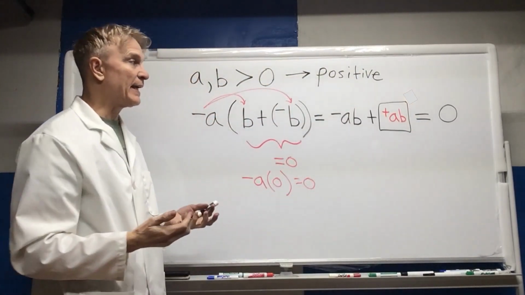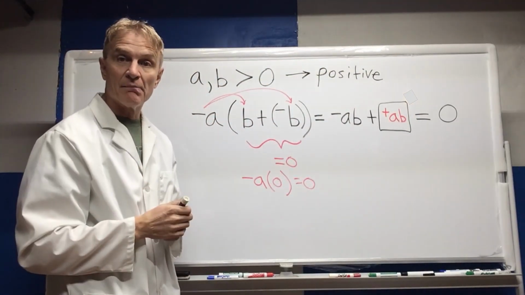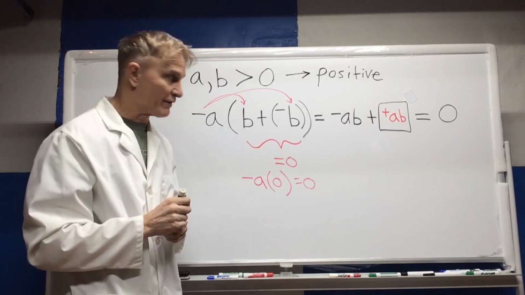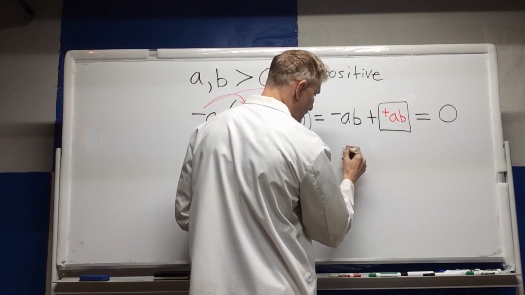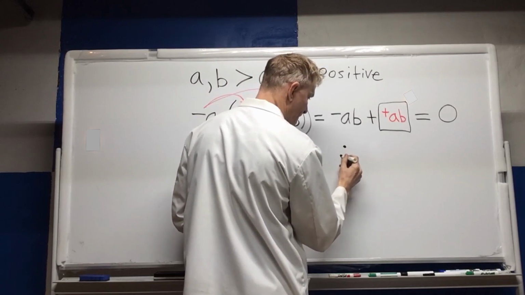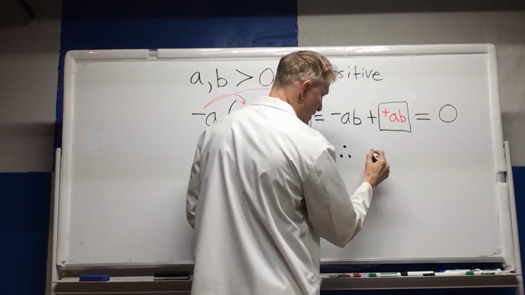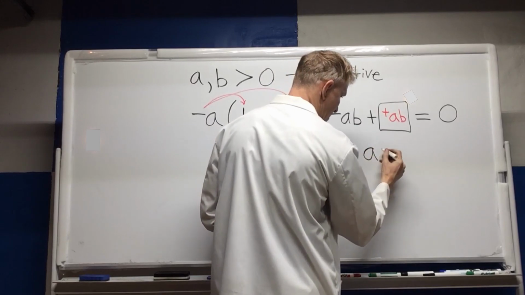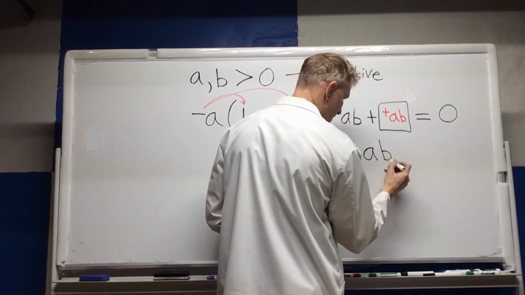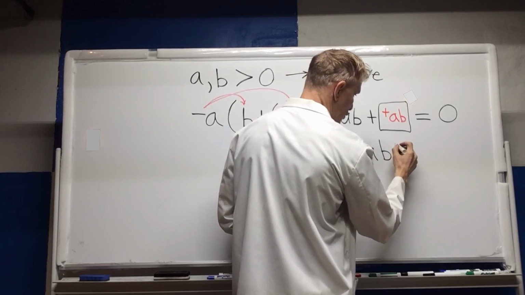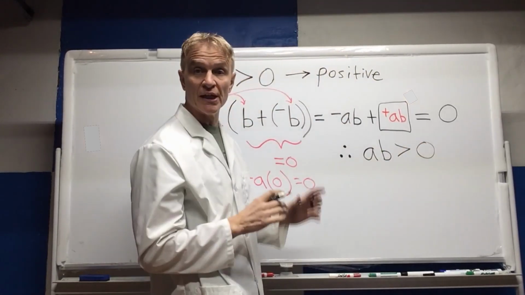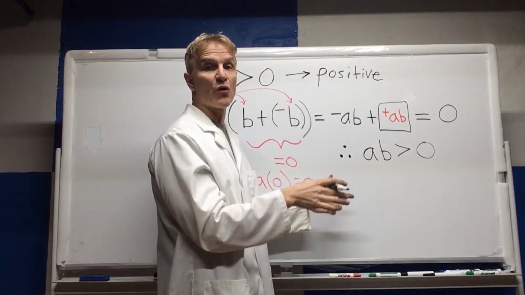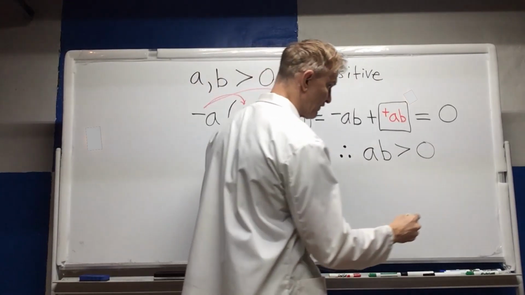Therefore, AB, A times B, must be greater than 0, or positive. And greater than 0 is another way to say positive.